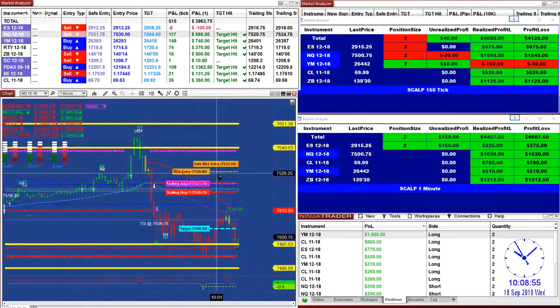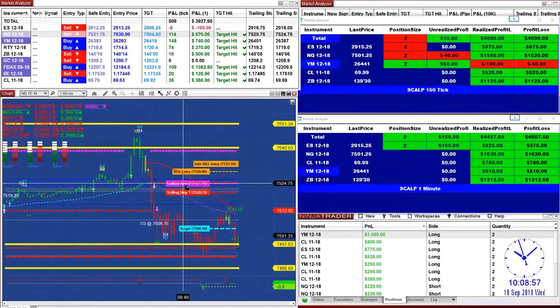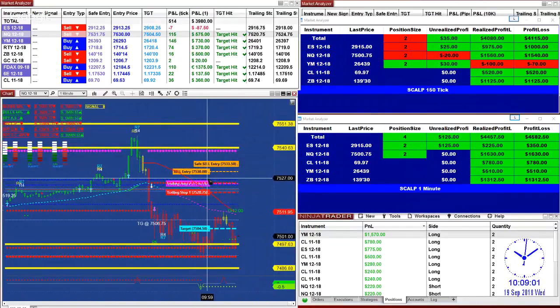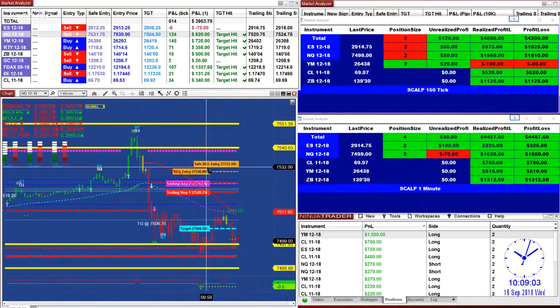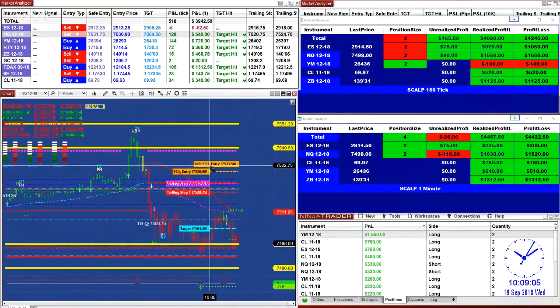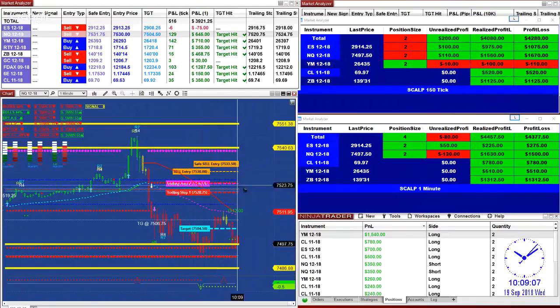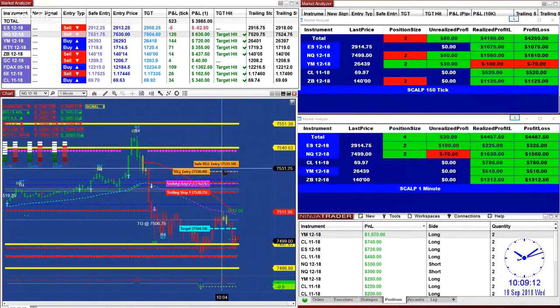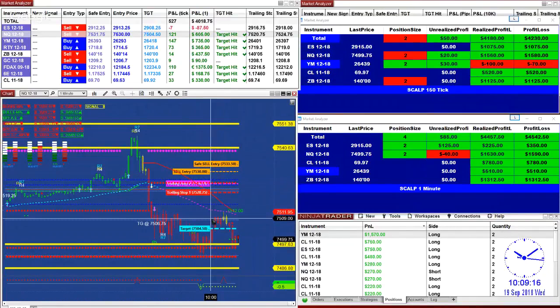The only time we're going to get a new long signal is if this Nasdaq is able to cross this area here. As long as the Nasdaq does not cross this area, we are going to re-enter the market short manually. You can enter manually because the auto trade's job is done, it's over. It took that trade from the signal to the target.